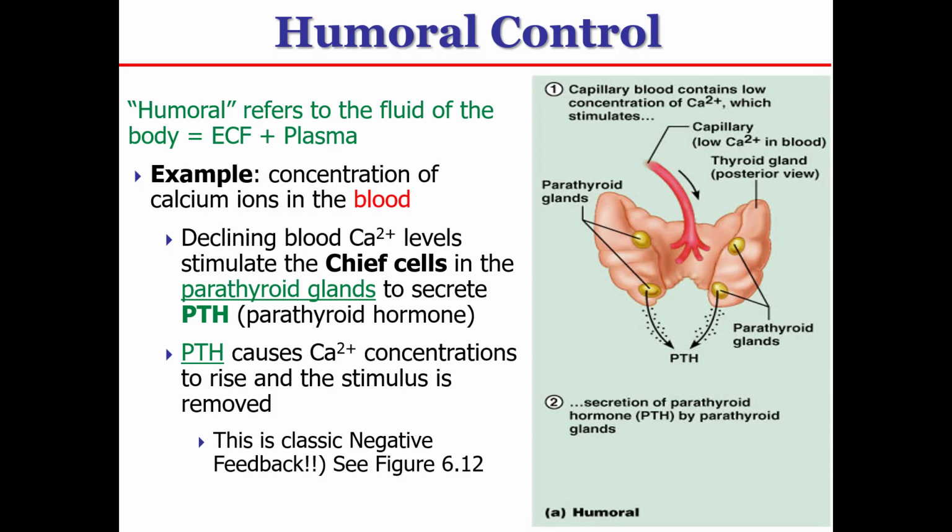So whenever PTH is around, it's going to target bones and teeth, the GI tract, anywhere it can to try to cause blood calcium levels to rise. Once they rise, the blood levels feeding this gland will tell it, hey, we have enough calcium, and the PTH stimulus will be removed. Again, classic negative feedback to control circulating blood levels.